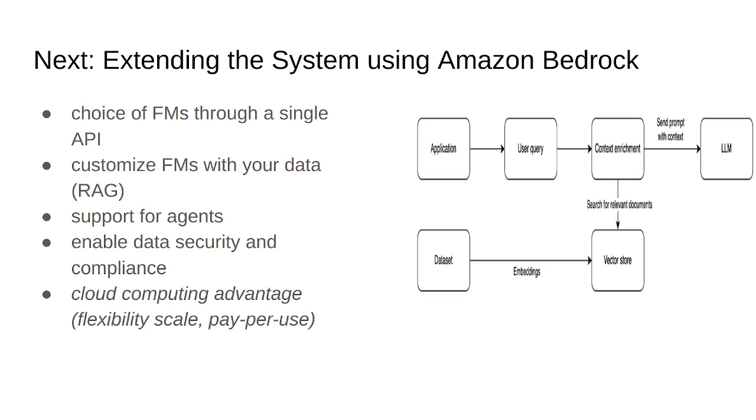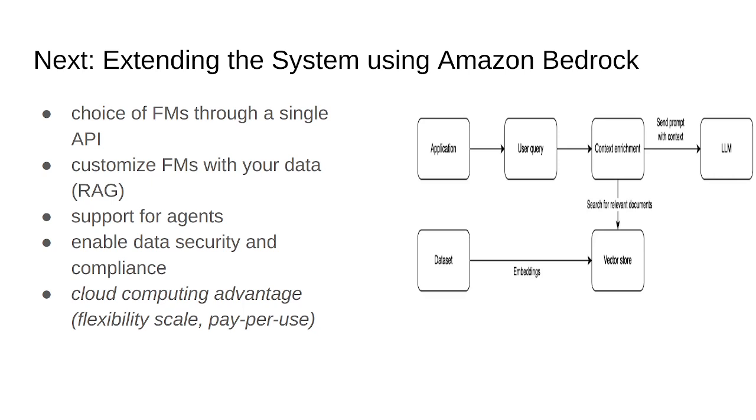So moving to the next slide, which is the potential extension to Bedrock. Bedrock is a tool from Amazon, and it provides a choice of foundation models through a single API. It maintains the RAG capability, but with better performance.